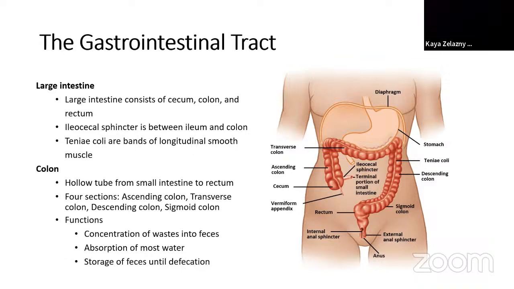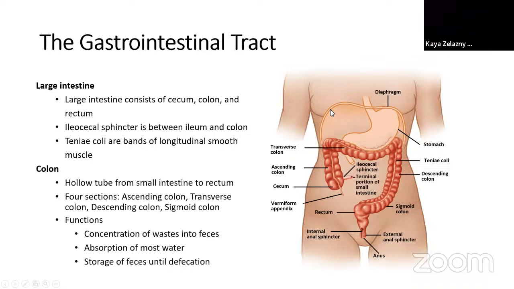So there's going to be some water absorption going on here in the colon to make that happen because the chyme is quite liquidy. So that fluid that was going into your small intestine, made up of gastric juices and food that you chewed up and digested, that's quite liquidy. We don't want it to come out all liquidy, so we're going to absorb a lot of that water, most of it. The colon also stores feces until defecation.